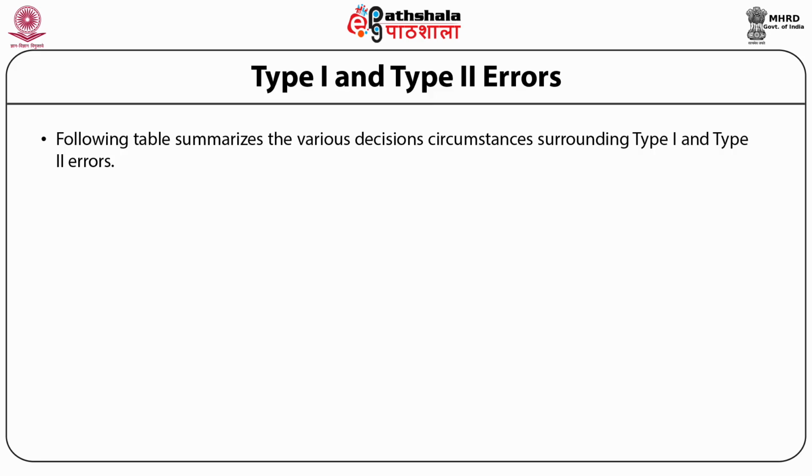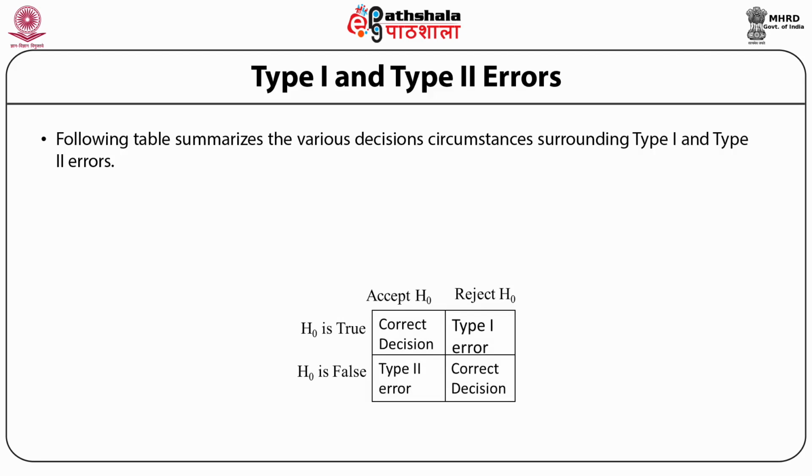Students, if you see in this 2 by 2 matrix, there are 4 types of results that are possible. Let us discuss the first quadrant, which says that the null hypothesis is true and you are accepting the null hypothesis. It means that you have made a correct decision. The second quadrant, if we go right to the first one, is that the null hypothesis was true but we have rejected it. It means that it has resulted in a type 1 error.